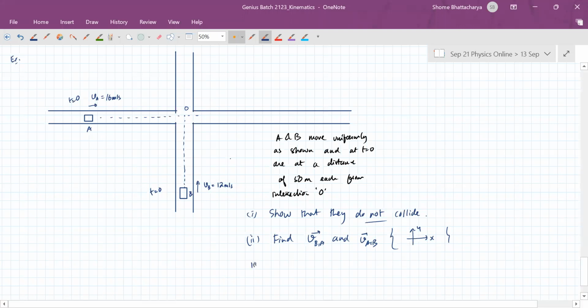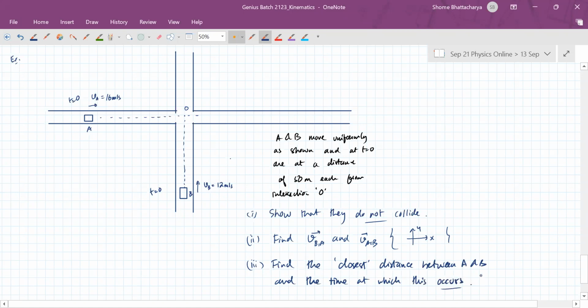And third is going to be the very interesting part: find the closest distance between A and B, and the time at which this distance occurs.